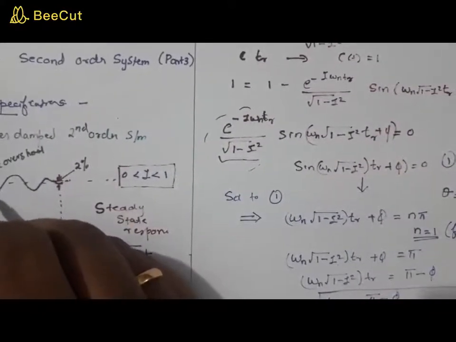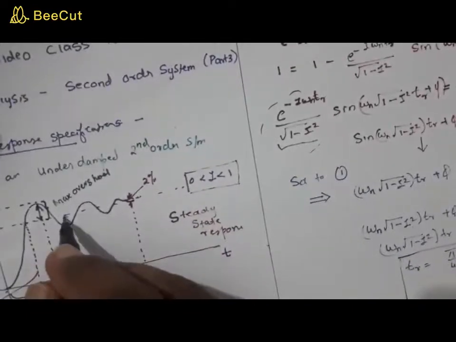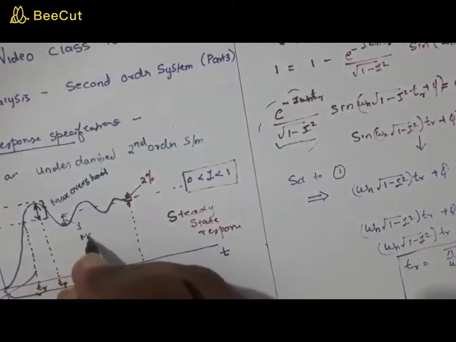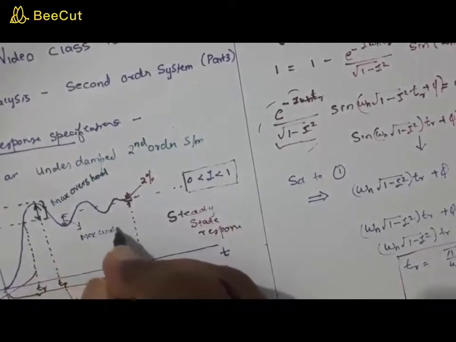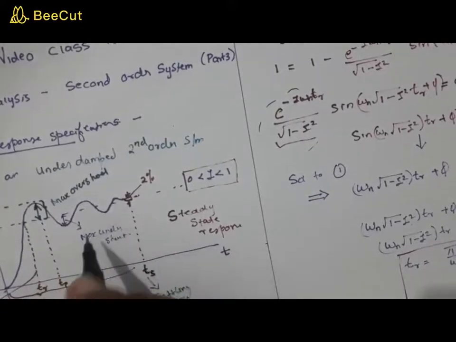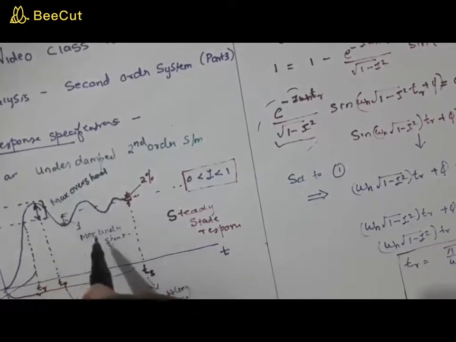If this is called a maximum overshoot, this deviation in the negative direction is called a maximum undershoot. Or this is the minimum point. You can call it that way as well, the minimum deviation or the maximum undershoot.